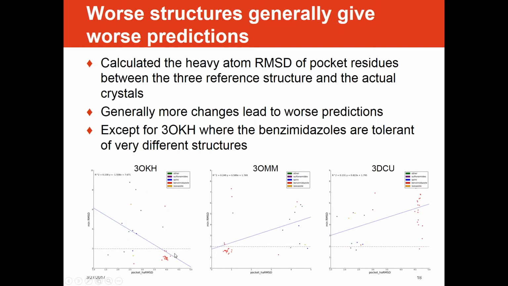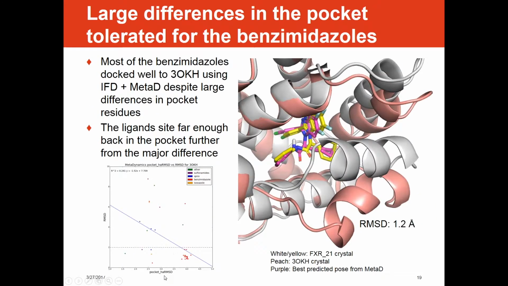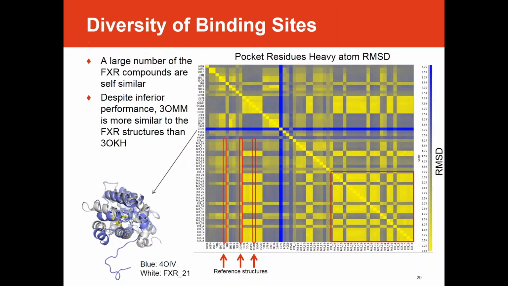There is one here, for this 3O-KH, where the trend is opposite for the benzimidazoles, and that seems to be because the main difference is this one helix, but it's far enough outside the pocket that it's not really in contact with the binding site of the benzimidazoles.